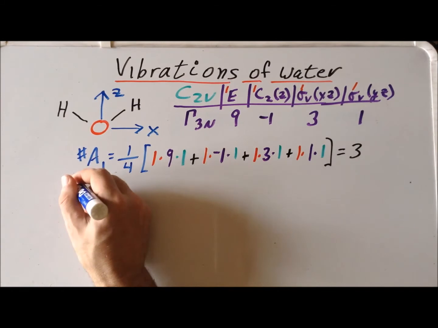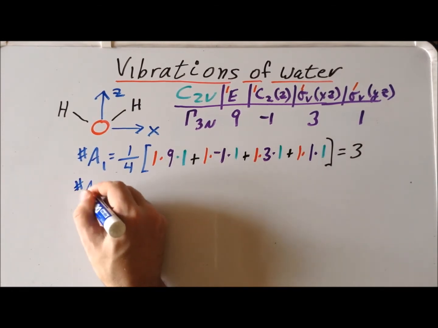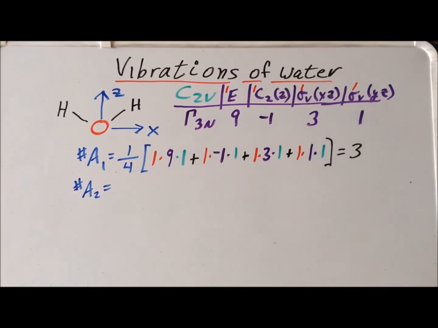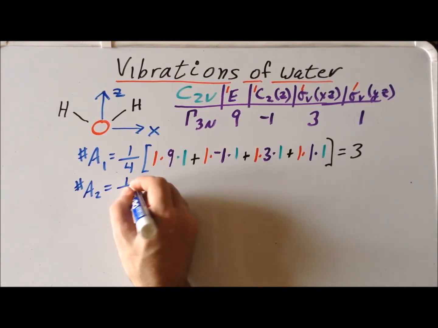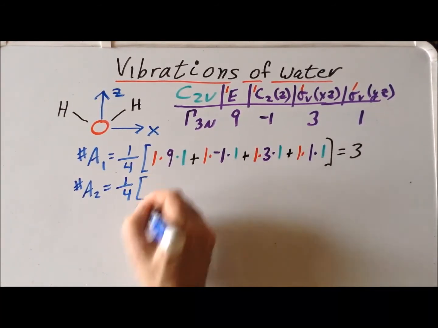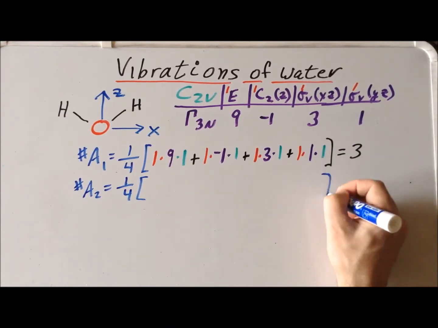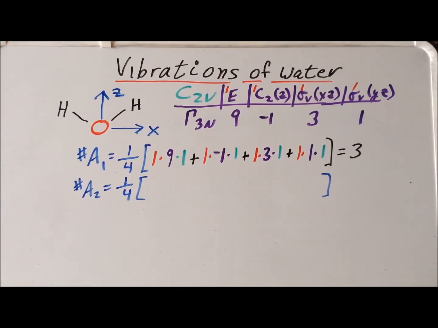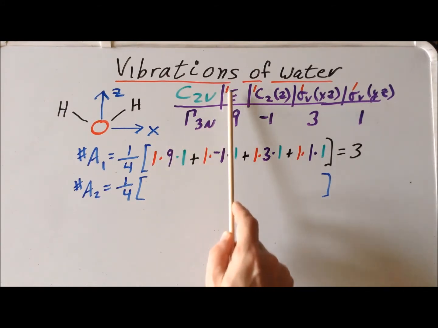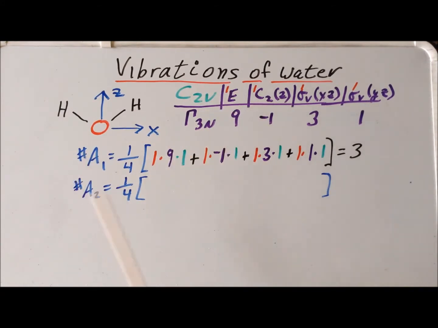So next, we do the same procedure to see how many A2 irreducible representations are stored within this reducible representation. So you have 1 divided by 4. And one thing which makes our work go much more quickly is we realize that for each of the irreducible representations, for each of these terms, the first two factors, the one, which is the number of operations in the class, is always the same for this particular operation.